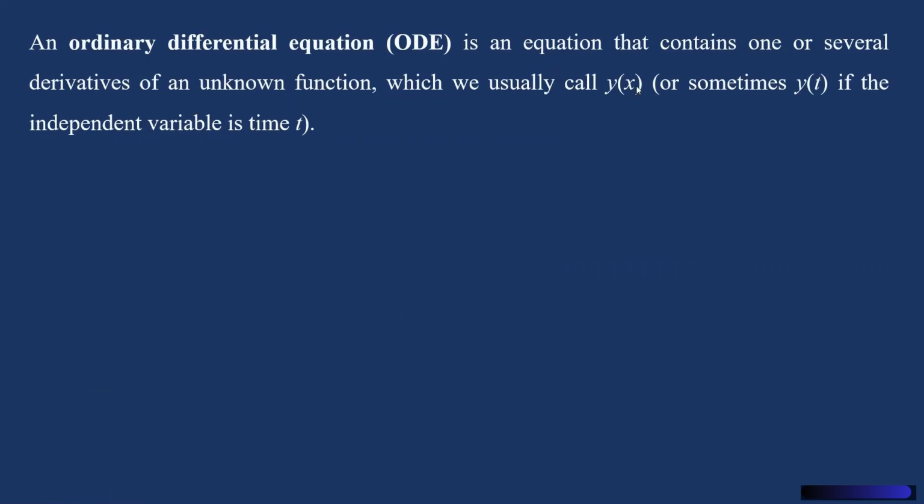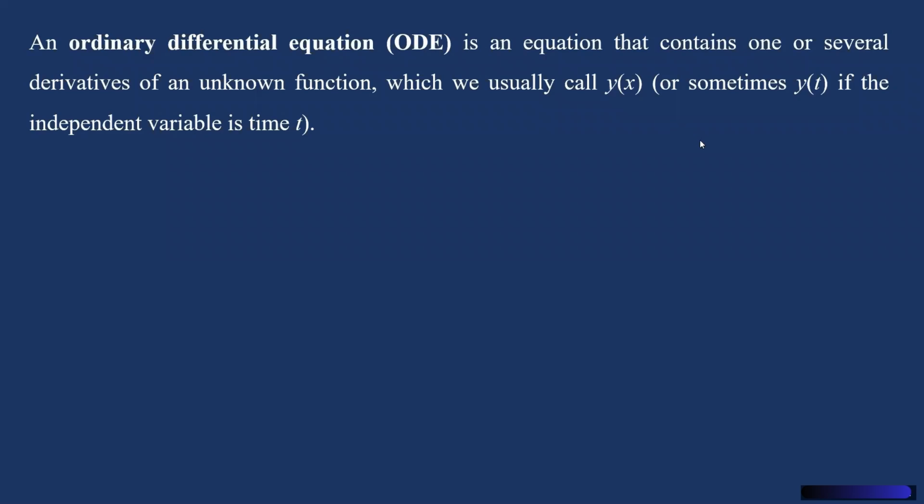As you can see here, an ordinary differential equation is an equation that contains one or several derivatives of an unknown function, which we usually call y of x. As I told you just before, you have only one dependent variable y and one independent variable, either x or sometimes t, right? So your equation involves only derivatives of that dependent variable with respect to that independent variable.